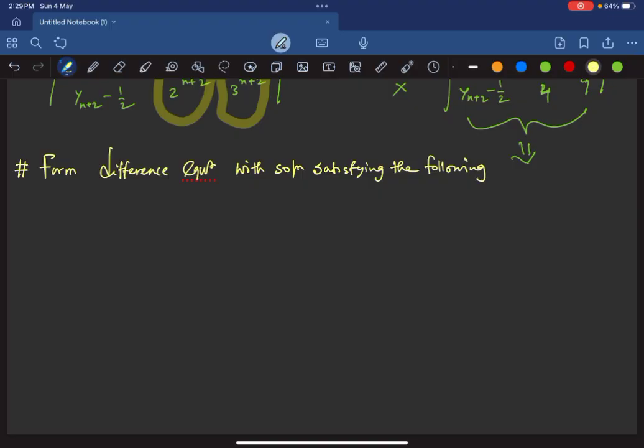Okay, so that is given by log(1 plus z) by (1 minus z) equals y0 plus y1 z plus y2 z square plus and so on, yn z power n plus so on.